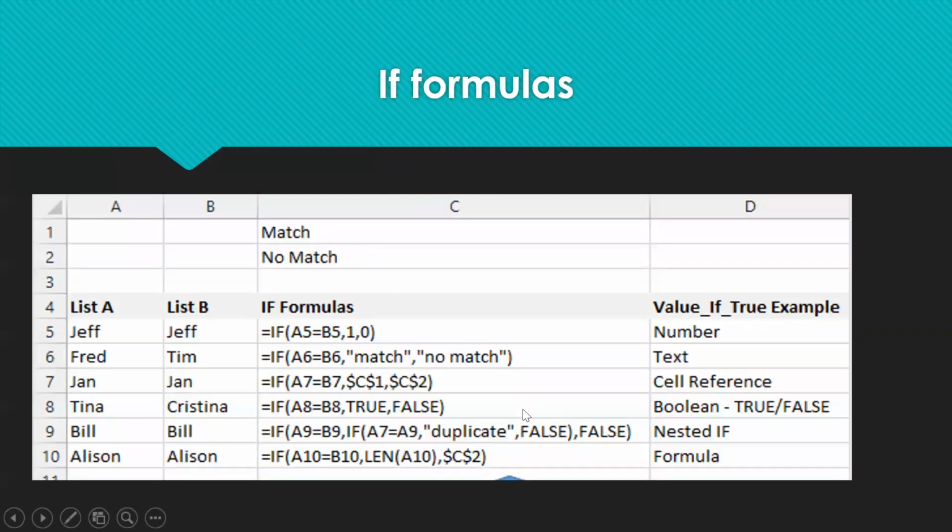So let's see some examples. Let's say there are two columns, list A and list B, and there are some conditions and some values based on the results.